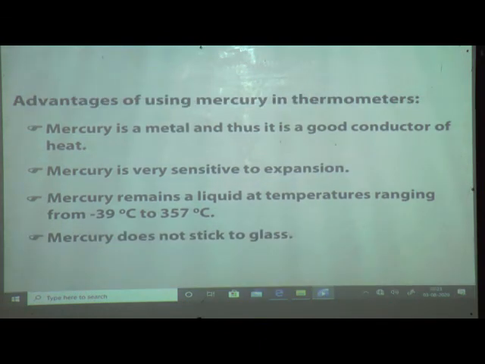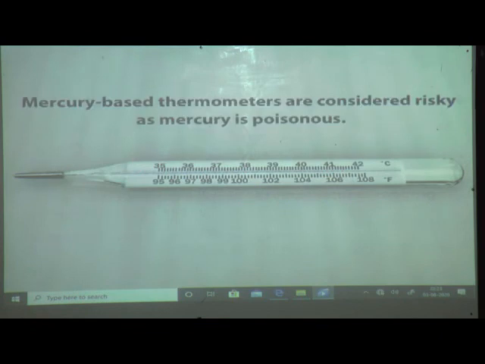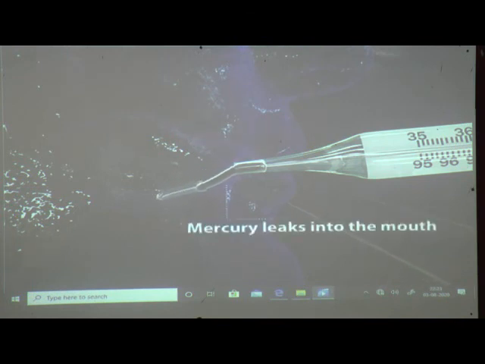Though using mercury thermometers has advantages, mercury-based thermometers are considered risky. This is because mercury is poisonous. In case the bulb or the lid of a thermometer breaks, mercury can leak out into the mouth.